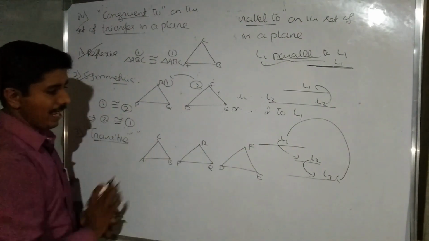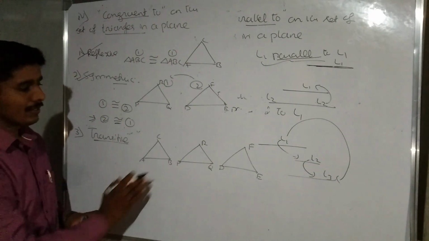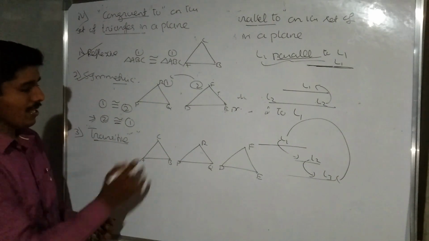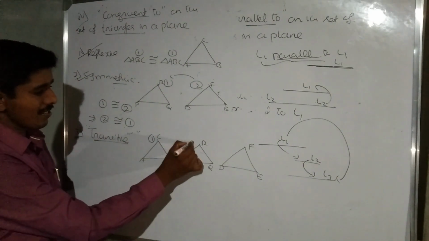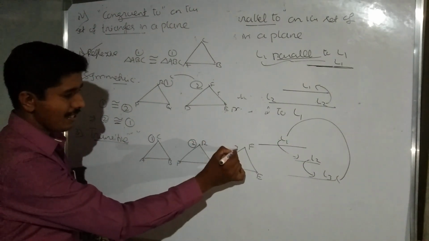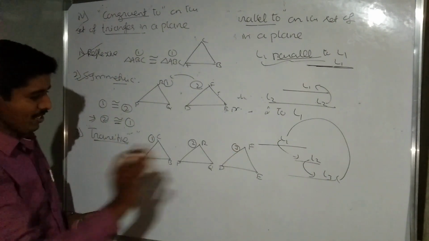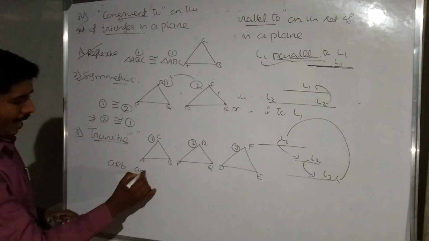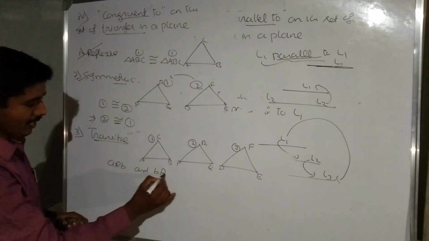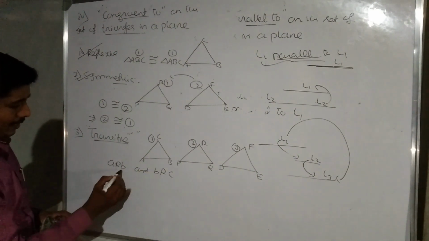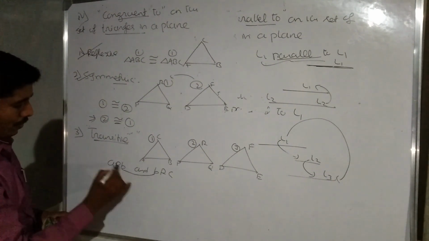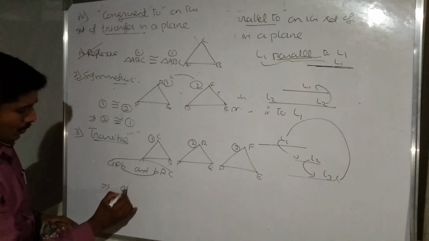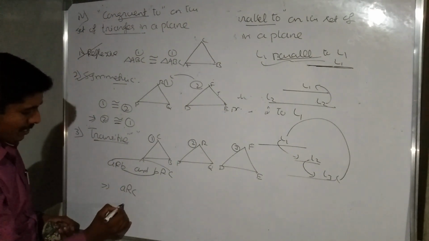Three congruent triangles means their corresponding angles are equal and corresponding sides are also equal. This is first triangle, this is second triangle, this is third triangle. Transitive definition: A related to B and B related to C, then the middle elements are equal, B equal to B, means A related to C, which means your relation is transitive.